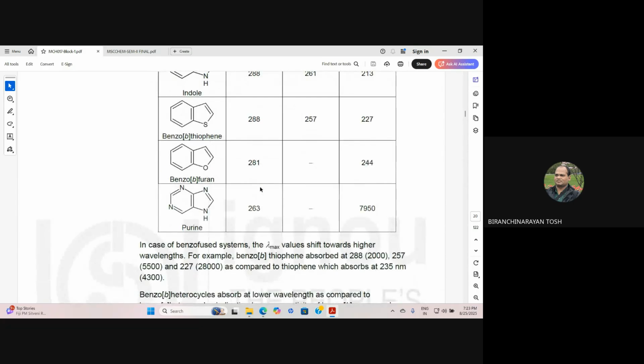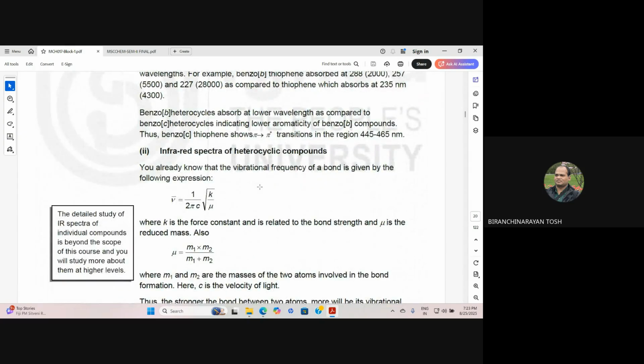Then we'll move to infrared spectroscopy. So what happens in infrared spectra? This is basically vibrational spectra. Why vibration? Because here there will not be any electronic transition. The constituent atoms of the molecule vibrate about their mean position, because the energy of infrared radiation is less in comparison to UV.